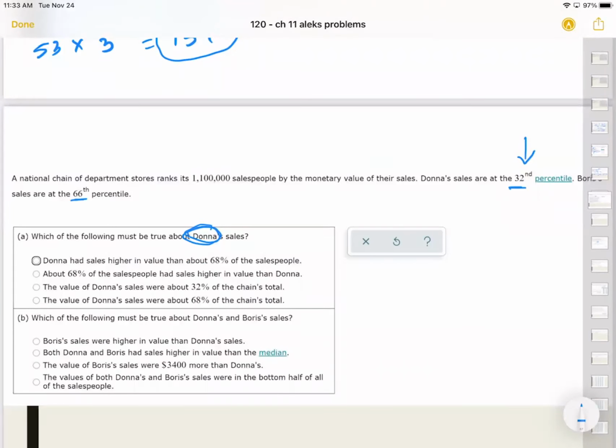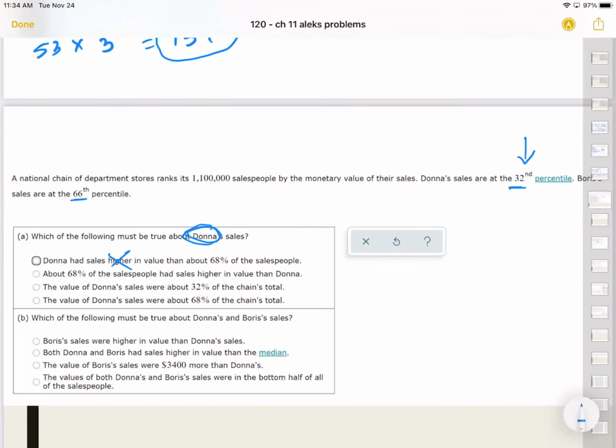So if she is at the 32nd percentile, meaning she is at the 32 position, her value is not higher than 68%. Because if you're at the 32 position, how can you be higher than 68%?